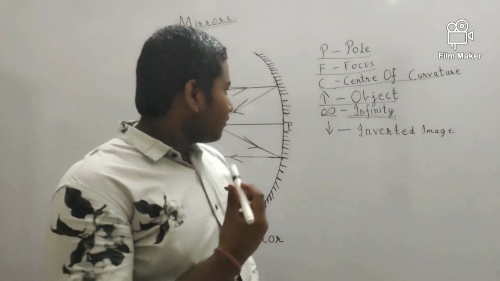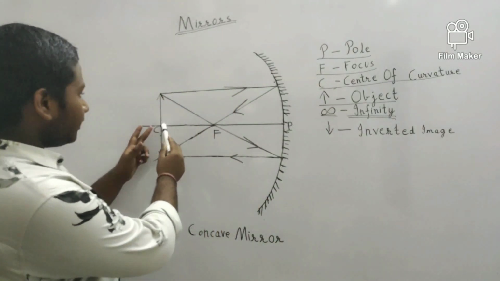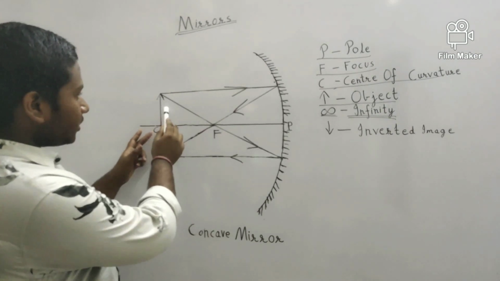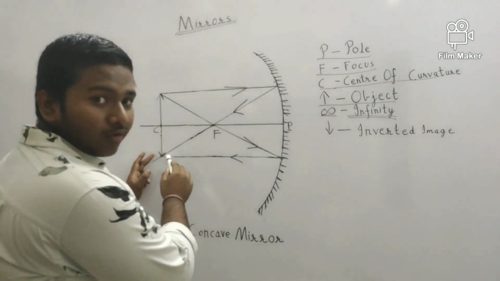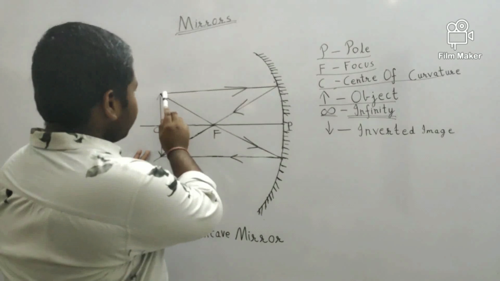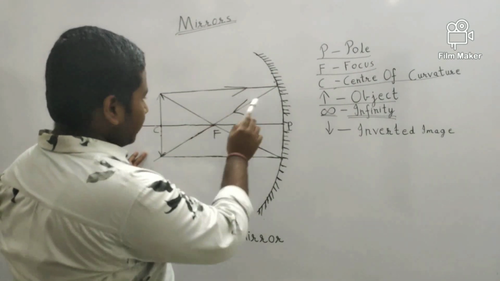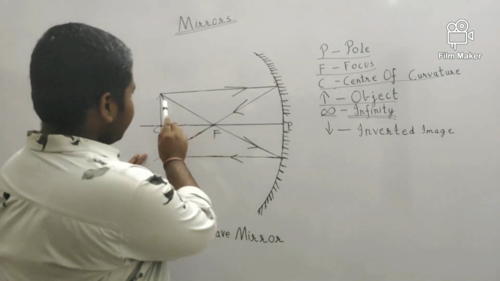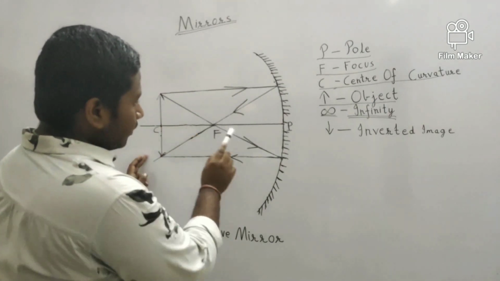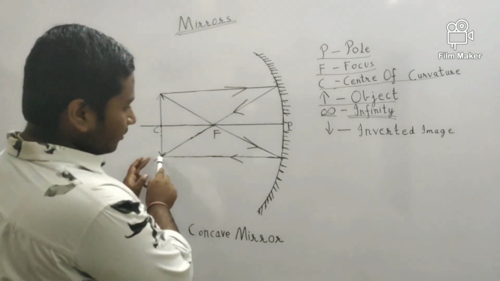The third condition we are going to learn is when the object is placed at center of curvature, the image will also form at center of curvature. First we will take one ray going parallel to the principal axis which reflects through focus, and another ray going through focus which reflects parallel to the principal axis.